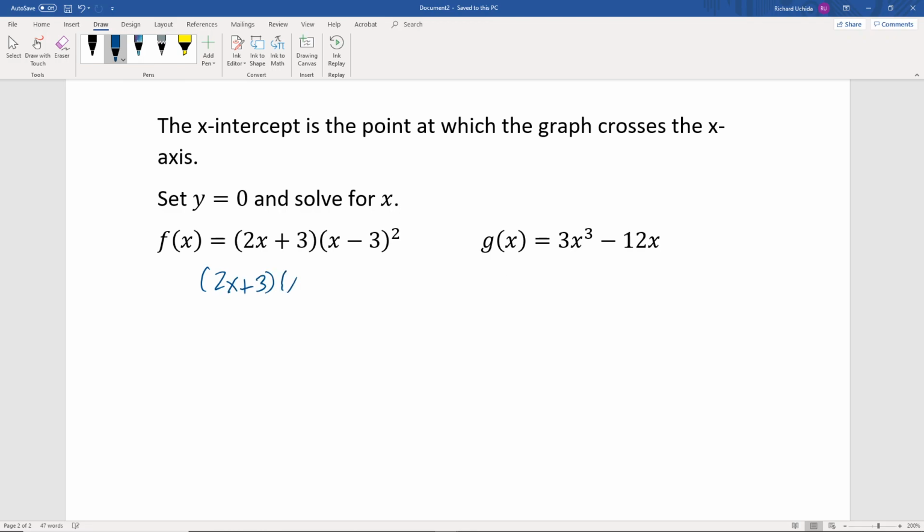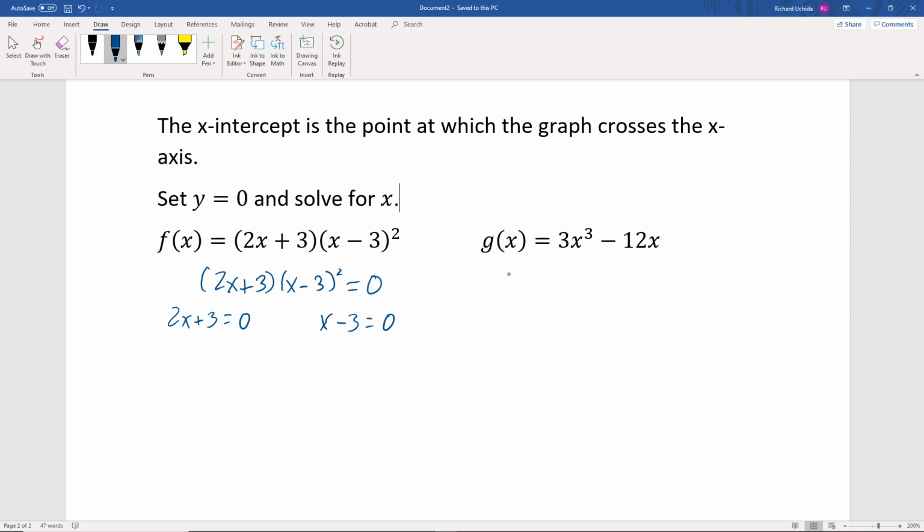So we set our polynomial function, 2x plus 3 times x minus 3 squared, equal to 0. Remember, by the zero product property, if we have a times b equal to 0, then either a is 0 or b is 0. So either 2x plus 3 equals 0, or x minus 3 quantity squared is 0, and if that quantity squared is 0, that means x minus 3 must be 0.